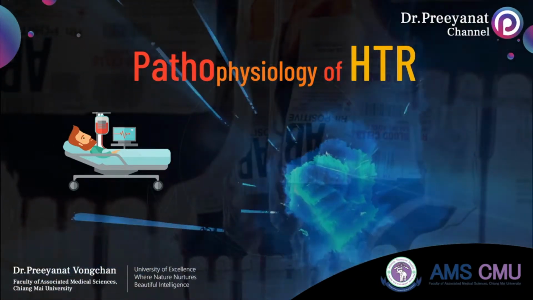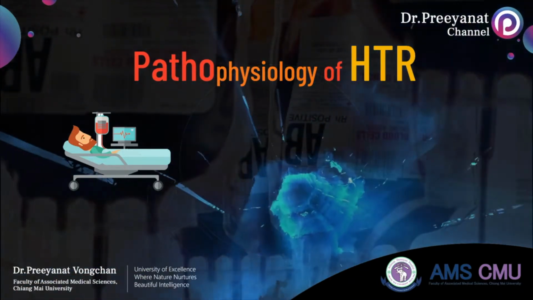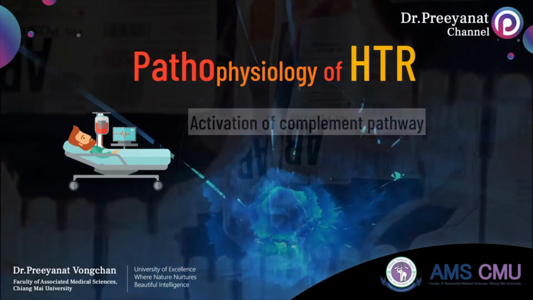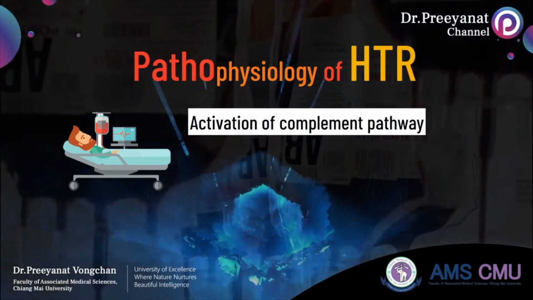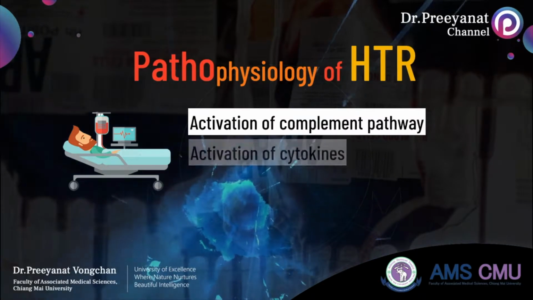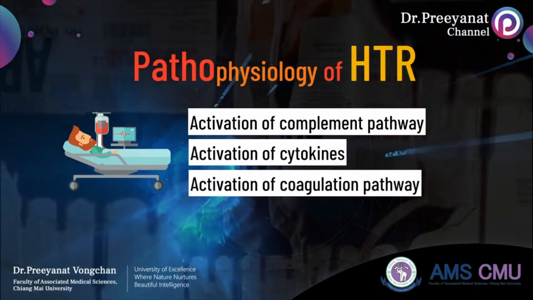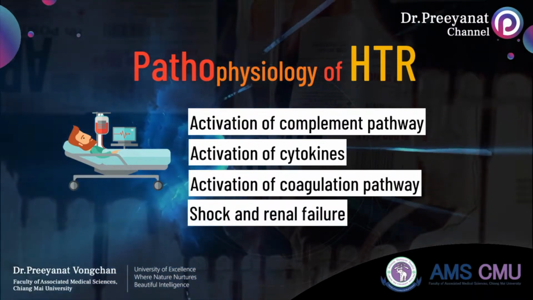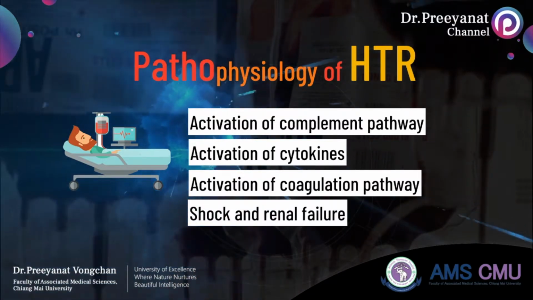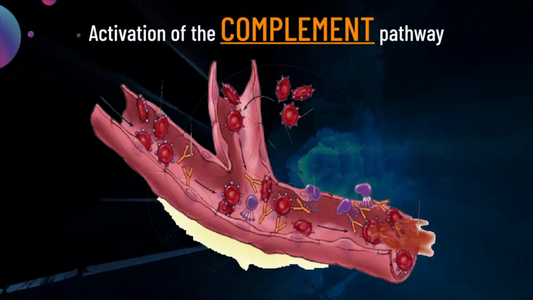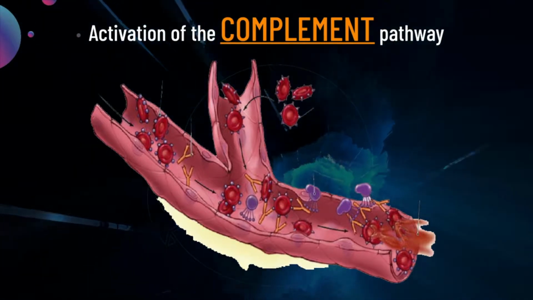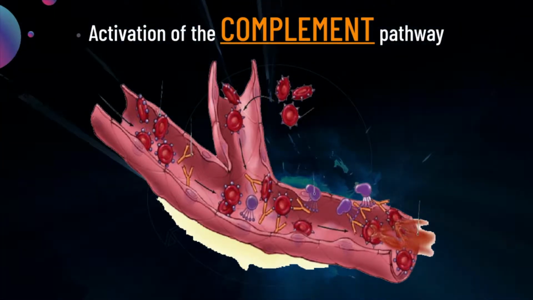Signs and symptoms of acute hemolytic transfusion reaction result from the activation of the complement pathway, cytokine system, and coagulation pathway, together with shock and renal failure. Activation of the complement pathway causes intravascular hemolysis.